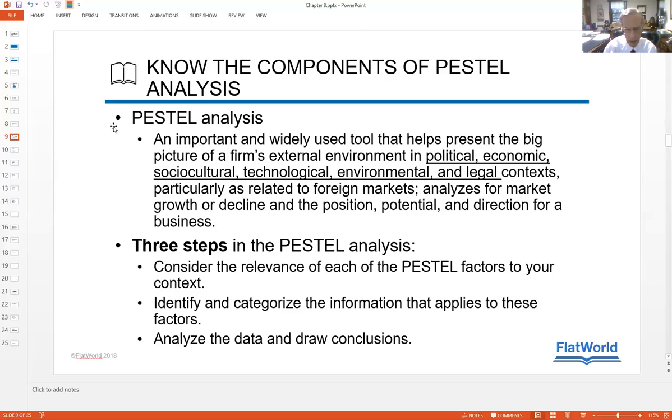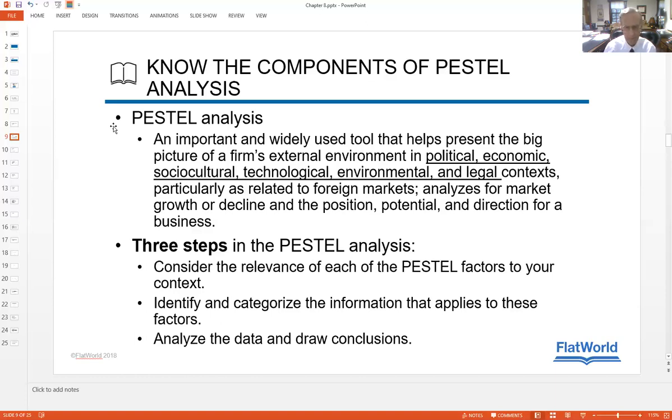In any event, the authors of your textbook suggest that you take a look at each of those dimensions and consider their relevance to your particular case. And then once you've identified variables in each one of those 6 dimensions, identify and collect the information that is relevant and analyze it and draw conclusions.